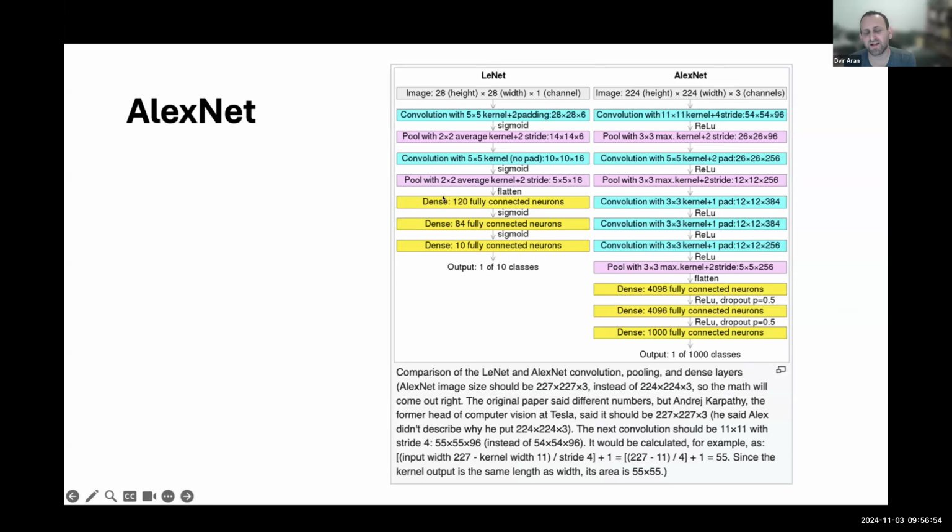In the original CNN, you see three hidden layers with 120, 84, and 10 connected neurons. But in AlexNet, they were able to increase that to 4,000, 4,000, 1,000, which brings this network to 600 million parameters, compared to, I don't remember the number here, but in the thousands.